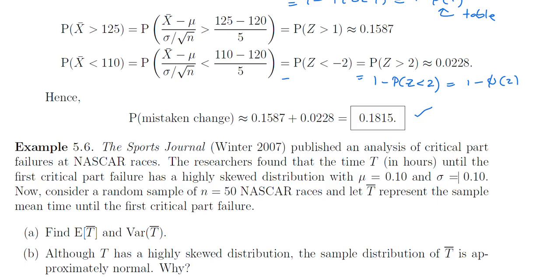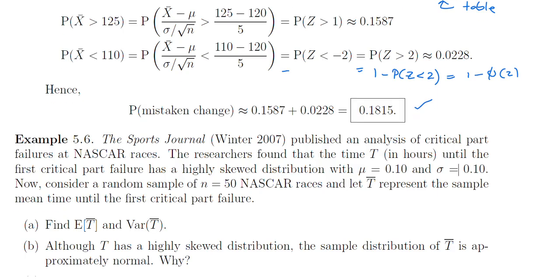The sports journal published an analysis of critical part failure in NASCAR races. The researchers found that the time T until the first critical part failure has a highly skewed distribution with mean 0.1 and variance 0.1 squared.